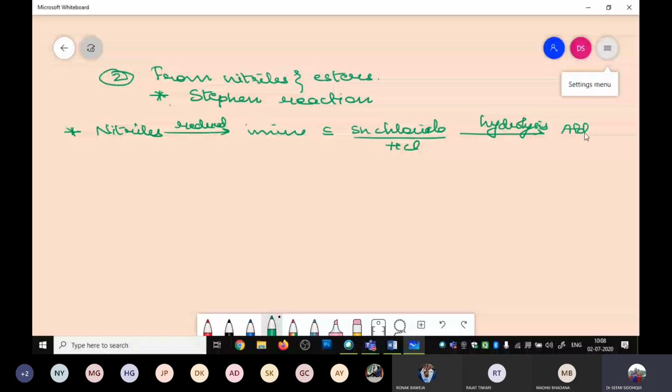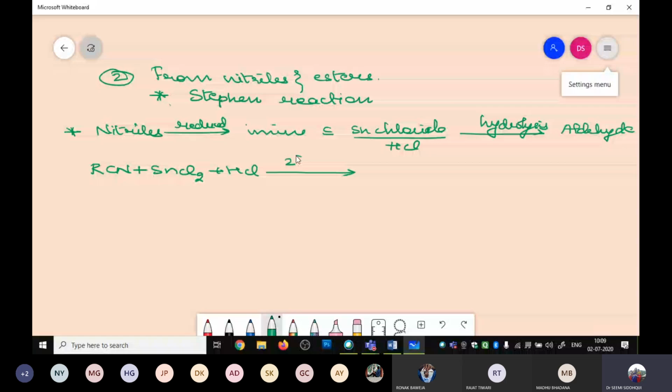Okay, now let's look at the reaction: RCN plus SnCl2 plus HCl. When these three combine, what is happening? The reduction is taking place over here.